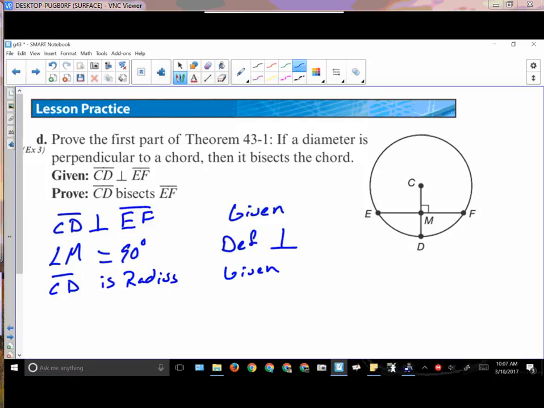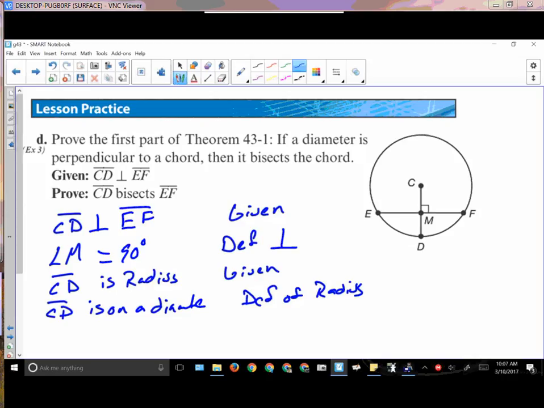So if CD is on a radius, is it on a diameter? Okay. So CD is on a diameter. Why? Well, that would simply be the definition of radius. So I know that it is a diameter.